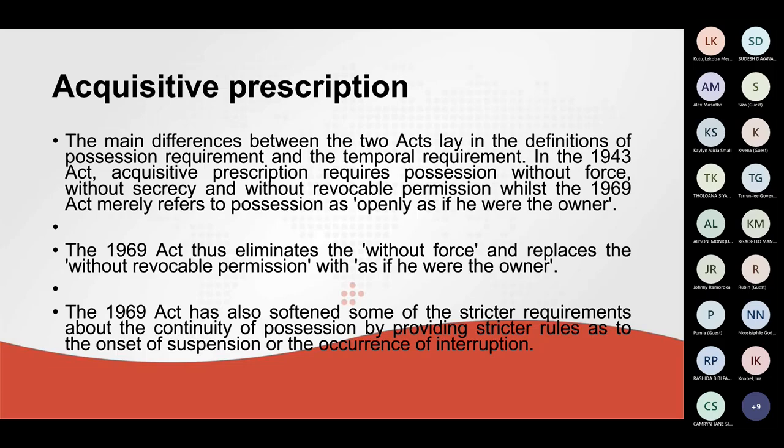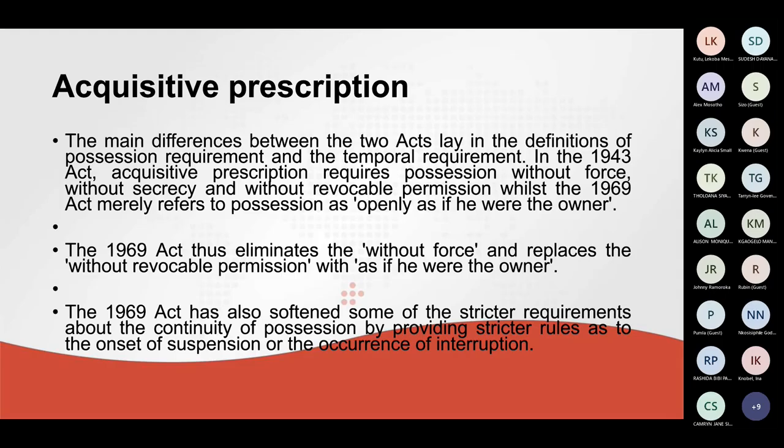Now, the main difference between the two acts, the 1969 Act and the 1943 Act, lies in the definitions of the possession requirement and the temporal requirement. In the 1943 Act, acquisitive prescription requires possession without force, without secrecy, and without revocable permission, whilst the 1969 Act merely refers to possession as openly as if he were the owner.